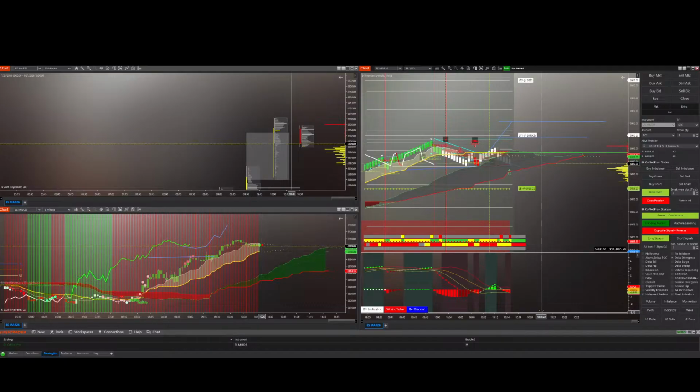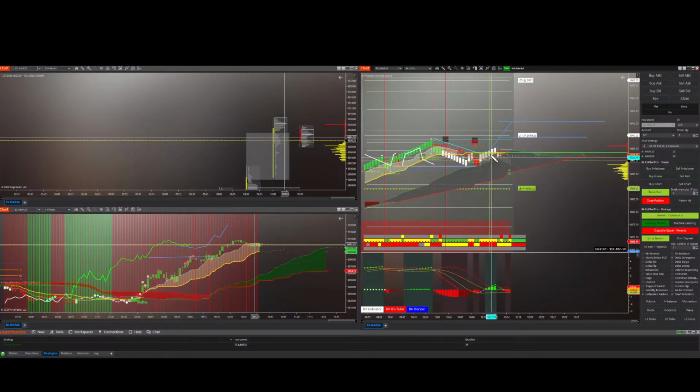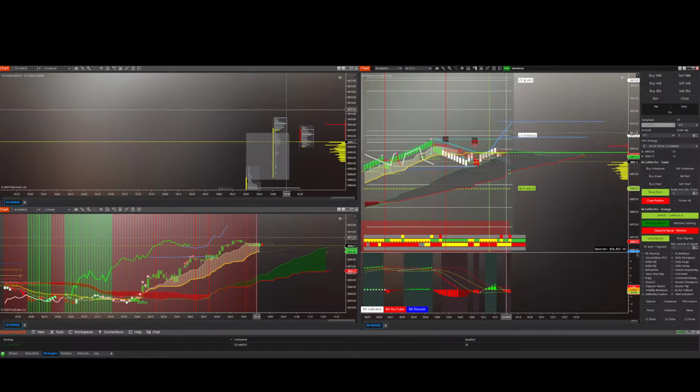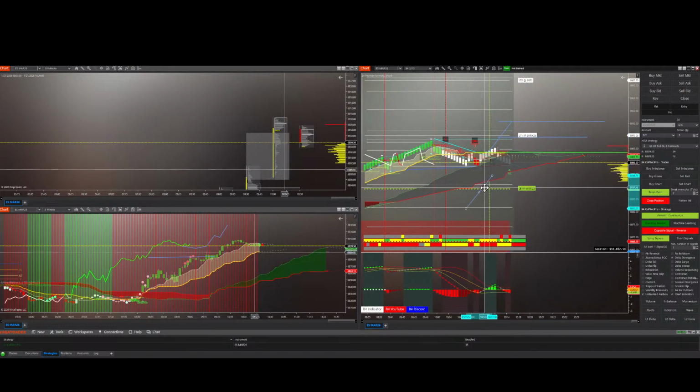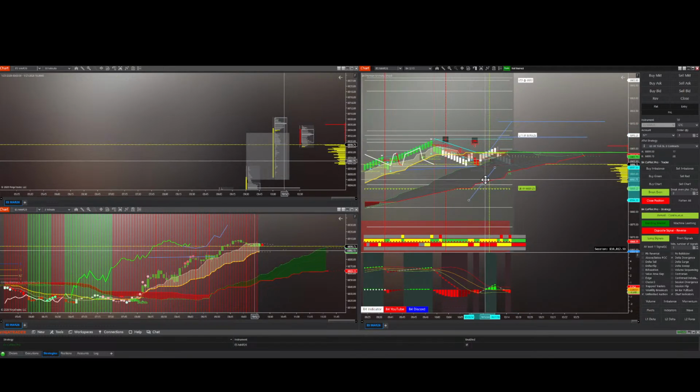Right now, we're still coiled up at that zero line. If that trade worked out to the short side, it'd be just the opposite.